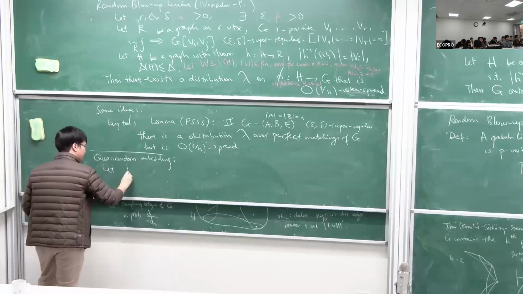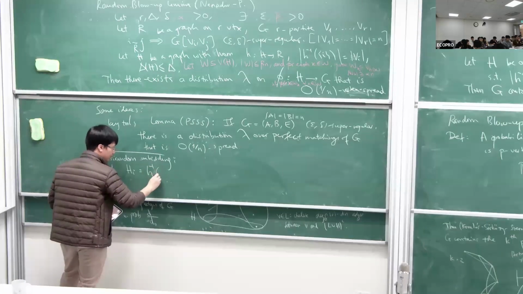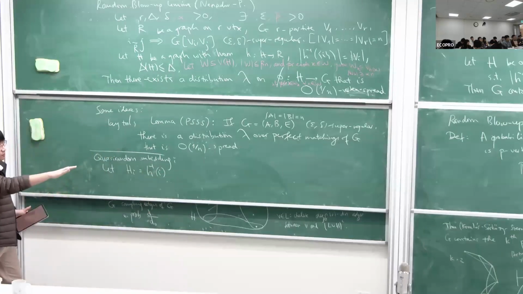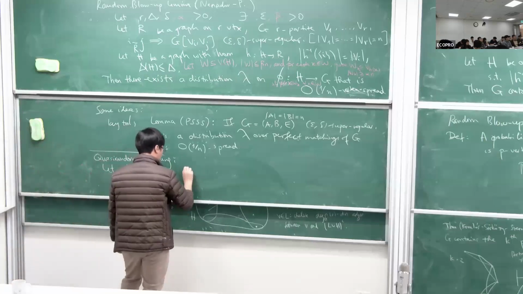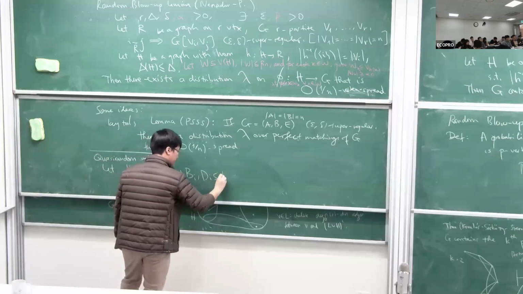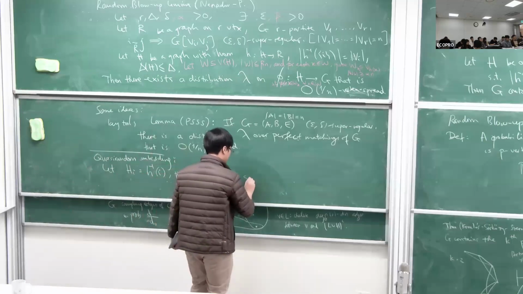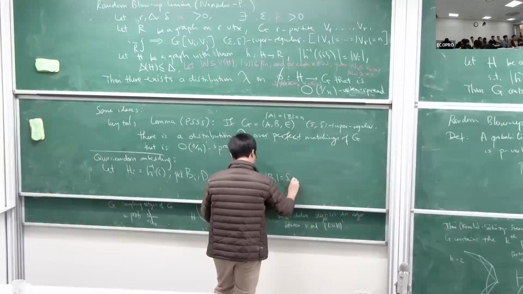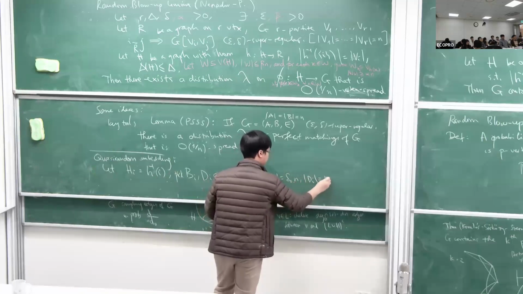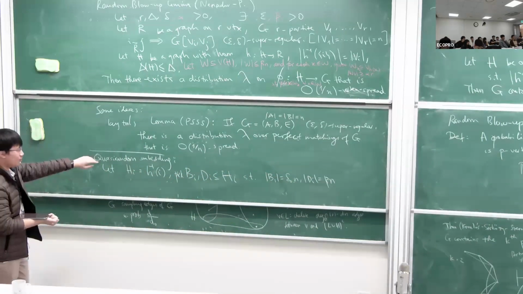Okay, first let me set up some notation. Let H_i be the vertices of H that sit in the i-th vertex part. What we do first is pick arbitrarily B_i and D_i in the i-th vertex part of H so that they have the right size: the size of B_i is delta naught n, and the size of D_i is beta n. Once we are here, we ignore all of the small constants.